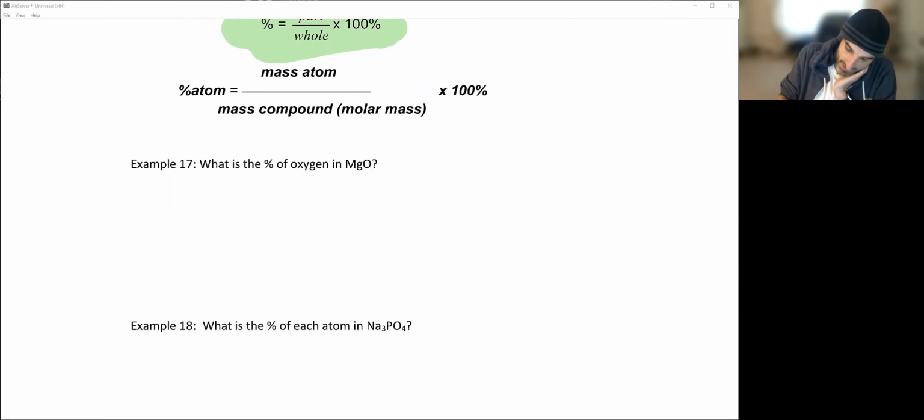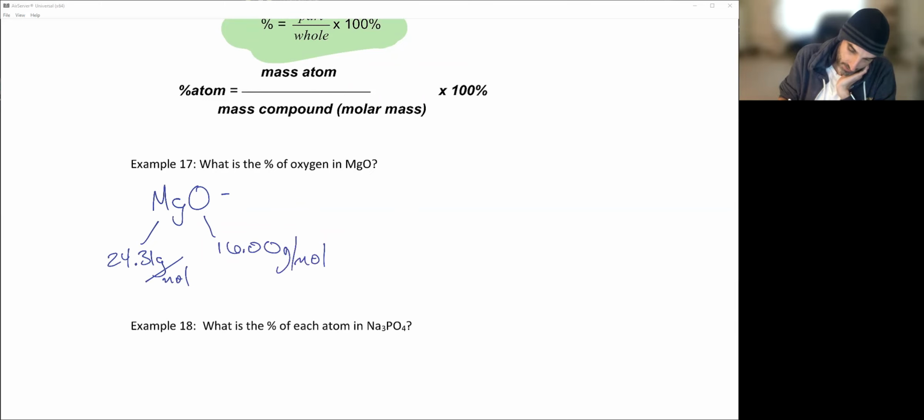So my magnesium oxide, let's figure out what we have. So MgO, the magnesium part of this is 24.31 grams per mole. And my oxygen is 16.00 grams per mole.